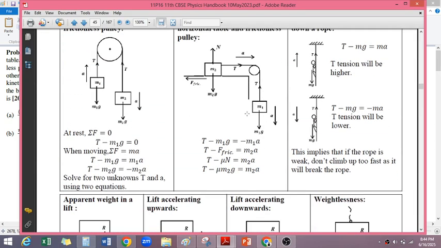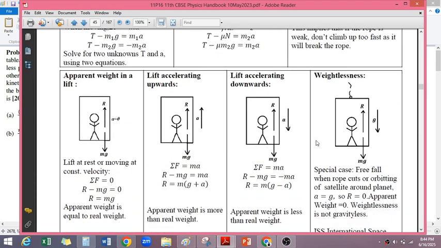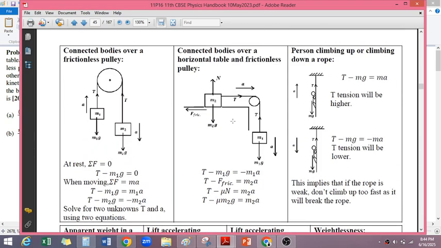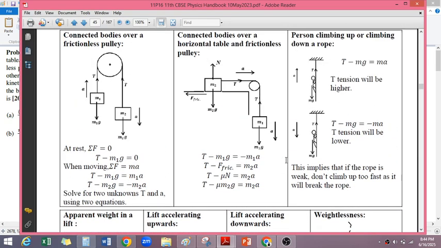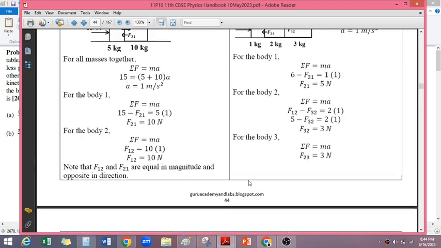I've shown you many times, right? Lift problems, pulley problems, monkey problem, a person or a monkey climbing up. All these are standard methods, so if they ask you questions on these, you should be very comfortable.